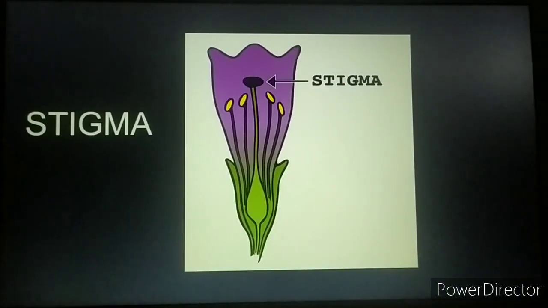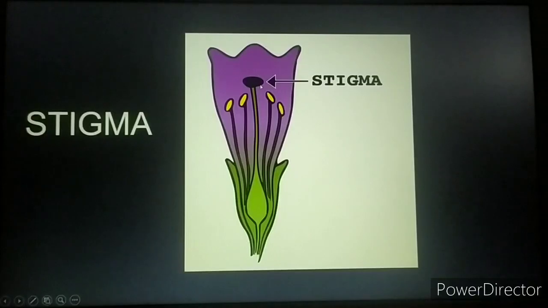The stigma is the terminal part or the tip of the pistil. As you can see here, this is the pistil, the middle part. At the tip we can see a knob-like structure which is called the stigma. This is generally sticky in nature and hairy.